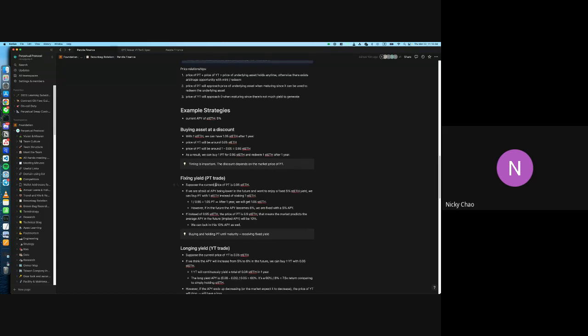If the price of PT is 0.95, you can buy PT with your 1 ETH and you will have about 1.05 PT. Then after 1 year, you will get 1.05 stETH, which is the yield of 5% APY.